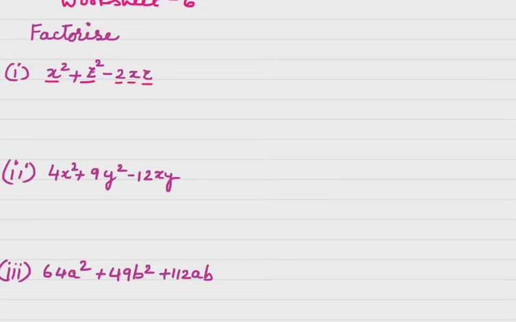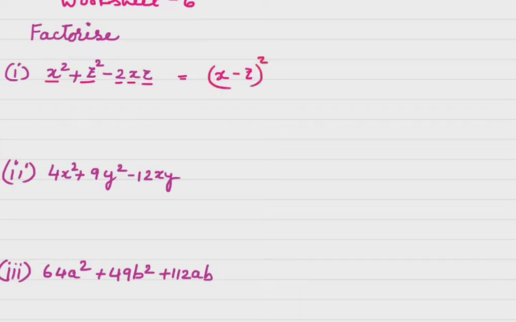If you remember properly, this is in the form of a square plus b square minus 2ab. So a square plus b square minus 2ab is the expansion of (a minus b) whole square. So you can write this as x minus z whole square.